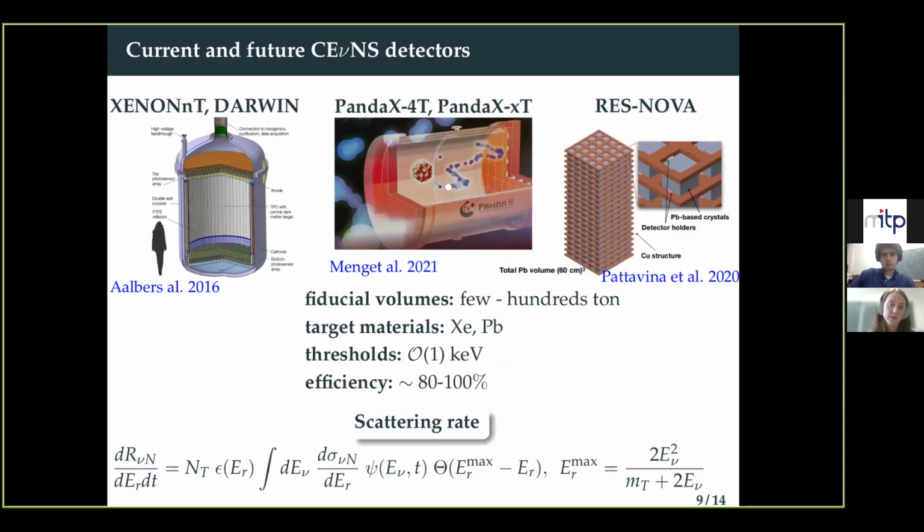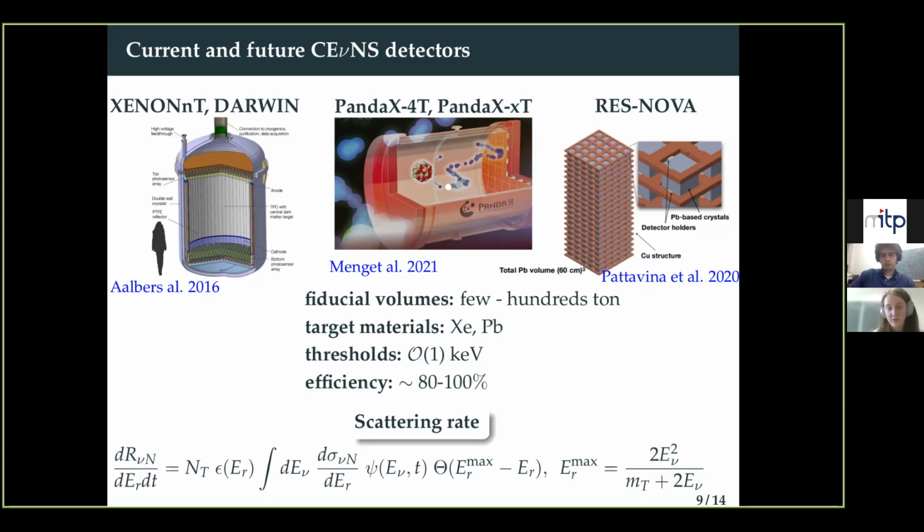So in order to try to see or constrain the DSNB with this detection channel, we focus on the detectors that could possibly in the future detect some of the astrophysical neutrino fluxes, like the xenon-based detectors that already exist, such as XENON or PandaX, but also the future larger ones like DARWIN and possibly ARGO, and also some proposed Resnova detectors.